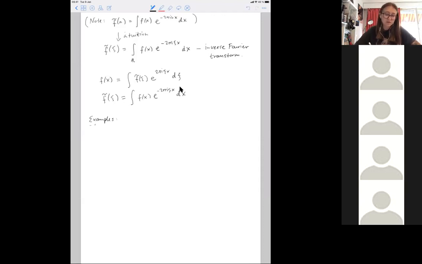So examples. I just took them from a mathematical textbook, but if somebody is interested in trying out the Fourier transform for some functions, they can just take these functions and see what happens. So for a function f of x, which is this one, the Fourier transform would be this function of x, which is, for example, this one.